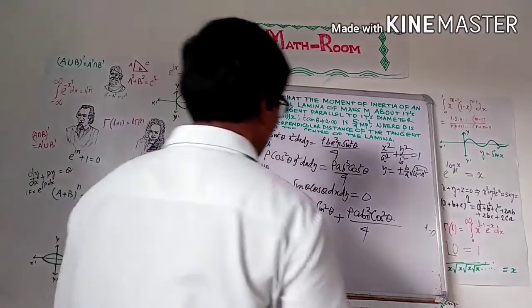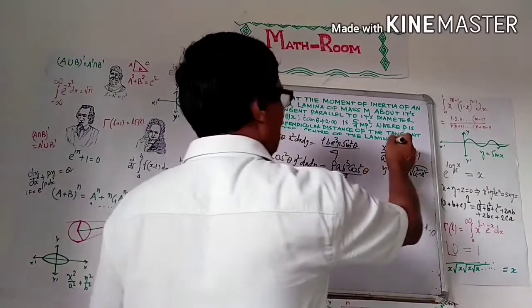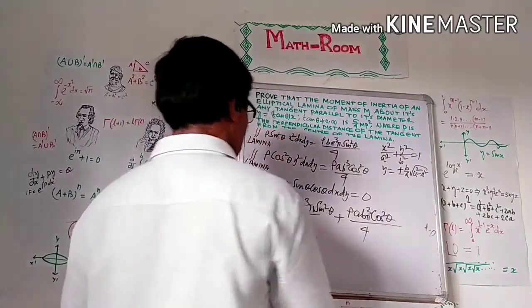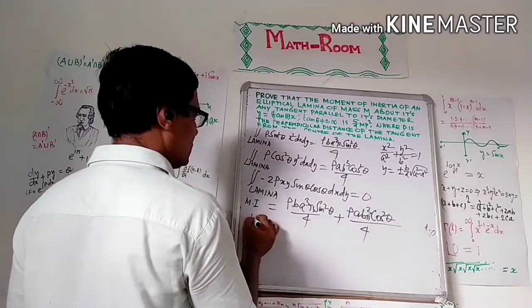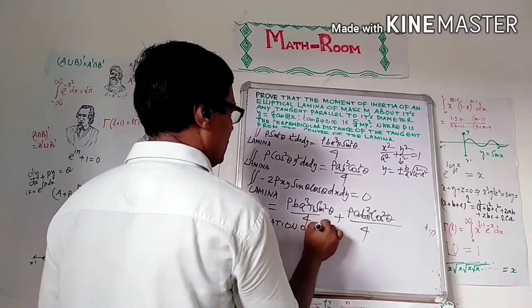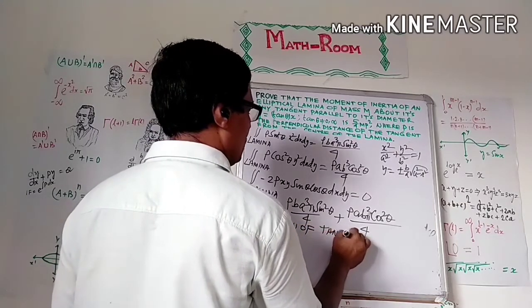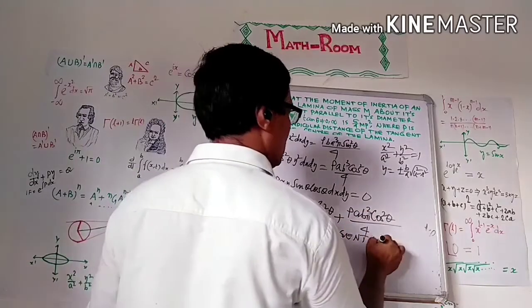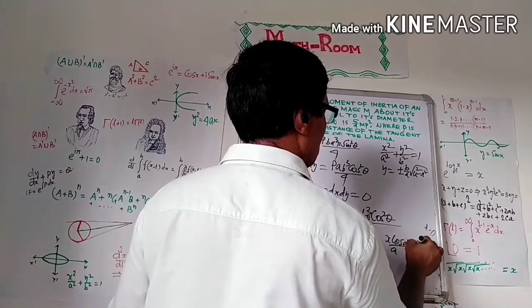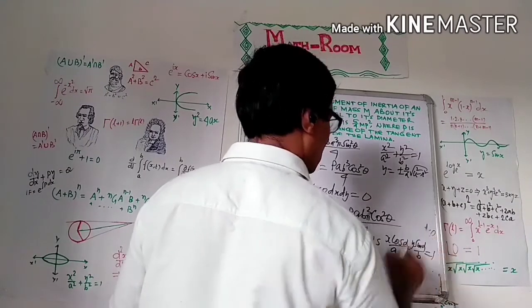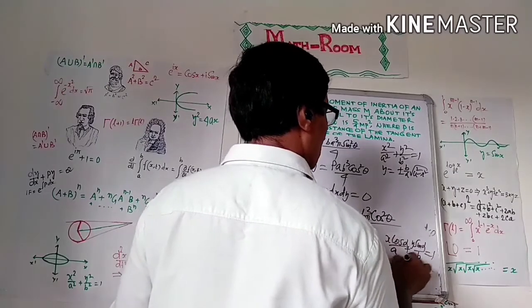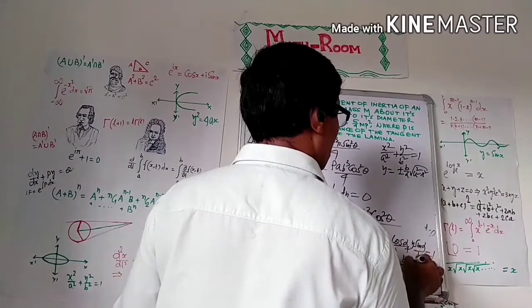Now the equation of the tangent is x cos alpha over a plus y sin alpha over b equal to 1. So its gradient is minus b by a cot alpha.